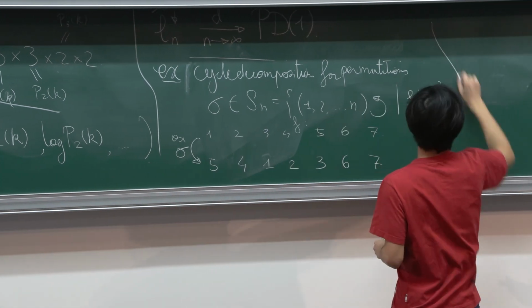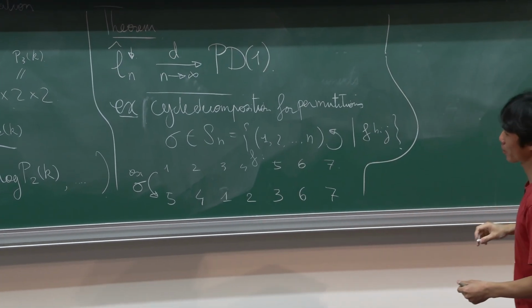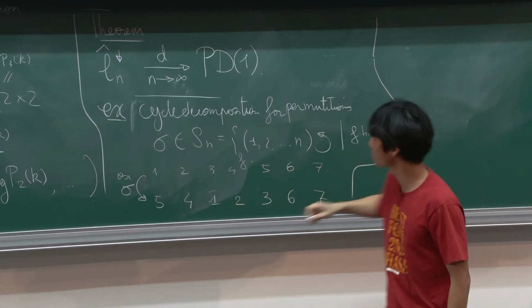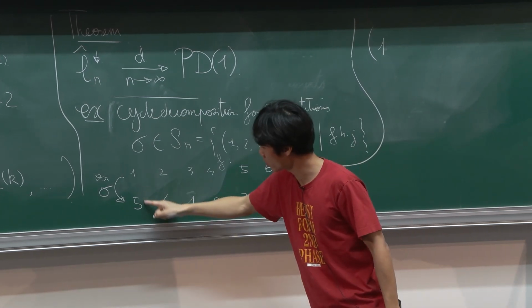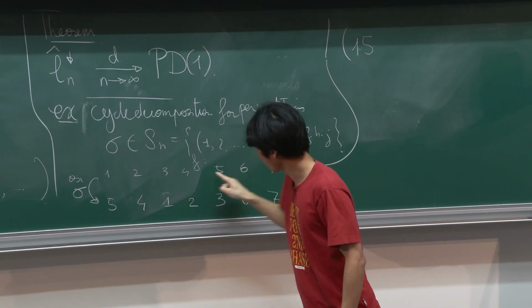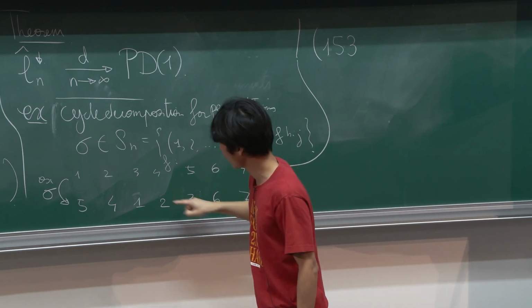But you can do that in a slightly more clever way. You start with the smallest number. You write it down, and it's sent to 5. Then you write down 5. 5 is sent to 3, so you continue with 3, and 3 is sent to 1.